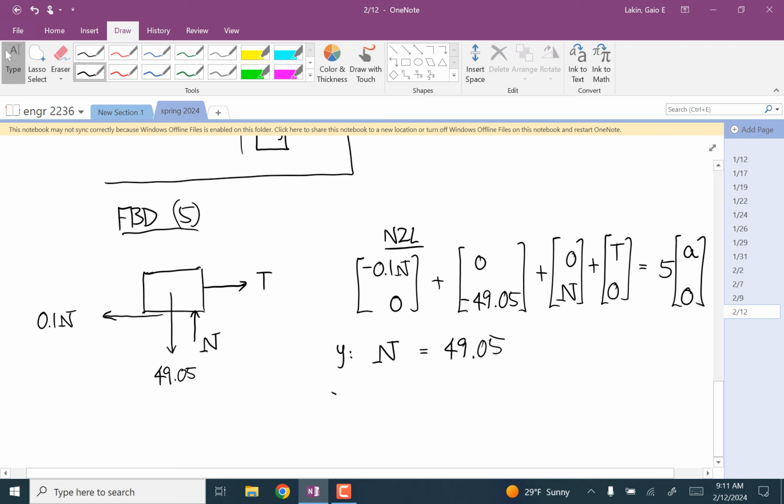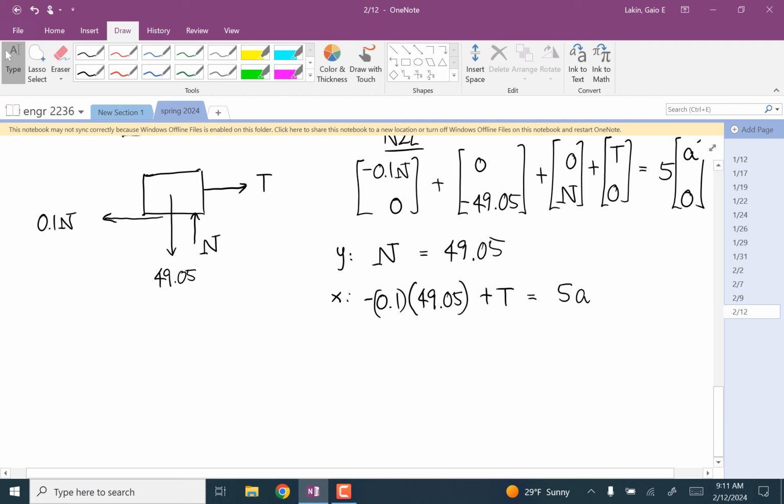Now plug that into the x equation, and you get negative 0.1 times 49.05 plus T is equal to 5a. So I'll write this as T minus 5a is equal to 4.905.